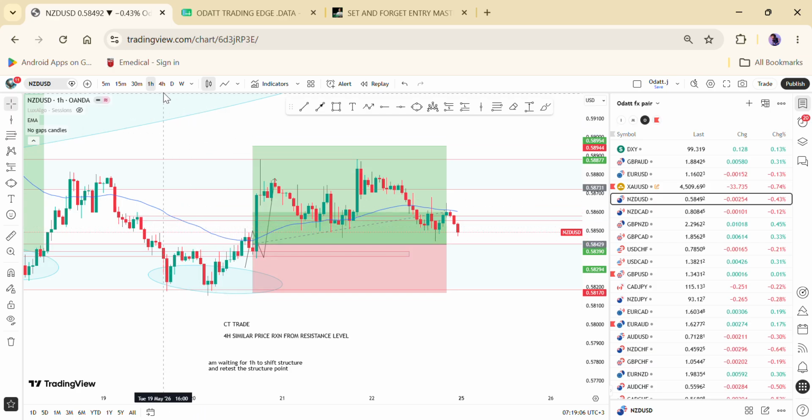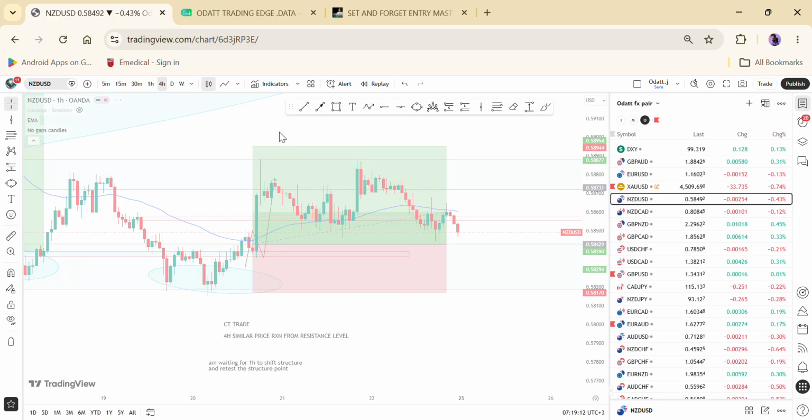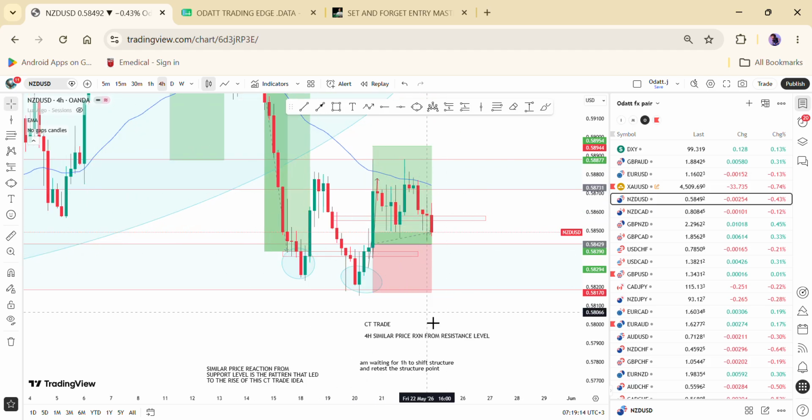So as you can see here, starting in 4 time frame, for each time frame, we have that strong engulfing candlestick over there. After this strong engulfing candlestick over here, this one strong engulfing candlestick over here, we can see that price has already created similar price reaction.